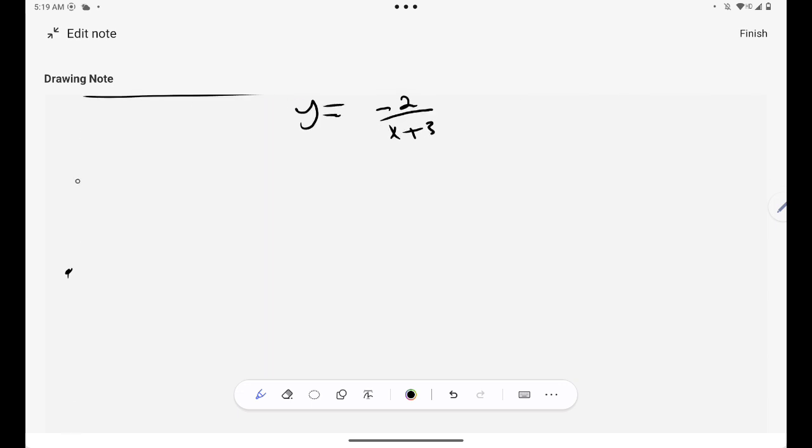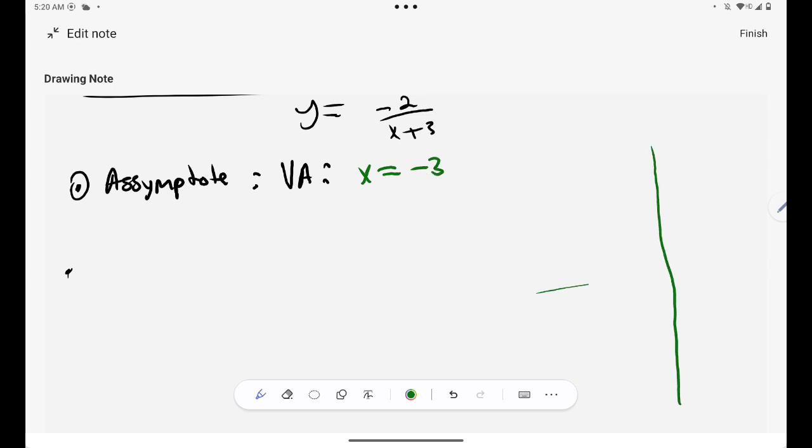Okay, number 1, your asymptotes. Your vertical asymptote simply means x is equal to negative 3. I said if it's a plus, this thing will be on the left hand side.